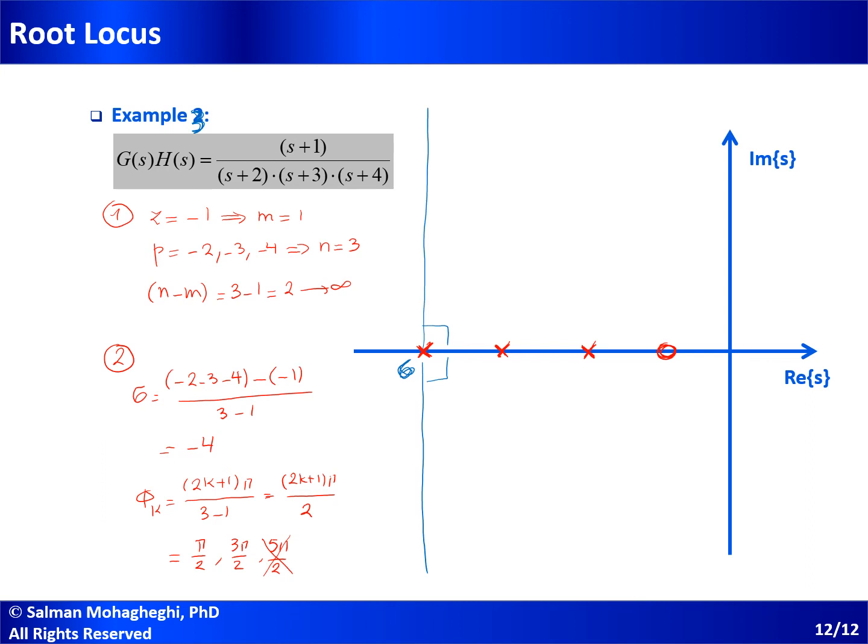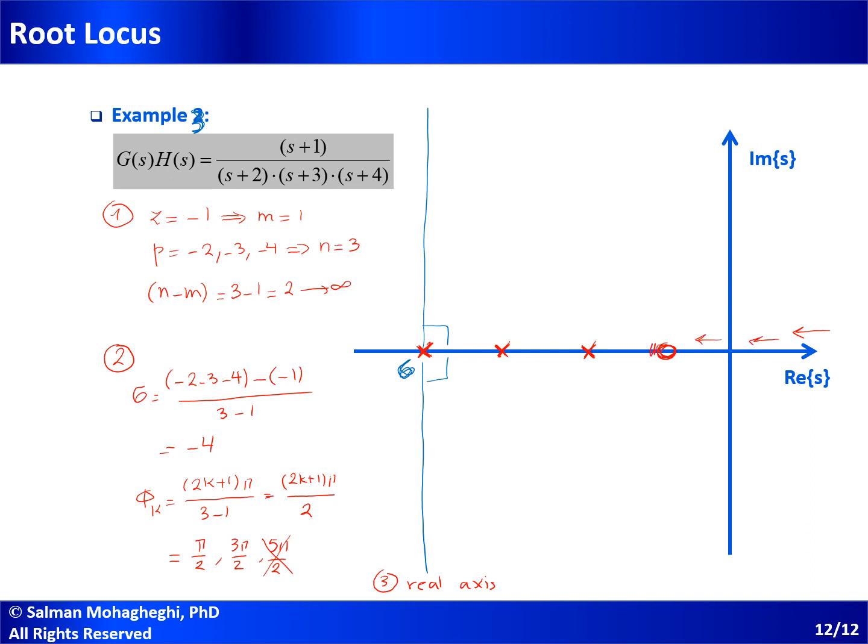Step number 3, we will look into the real axis and try to determine which portion of the real axis belongs to the root locus. So I will proceed the same way. I will start moving from the right-hand side to the left-hand side and see where I would have an odd number of zeros or poles to my right. At this point, I don't have anything to my right, so this is not a part of the root locus.